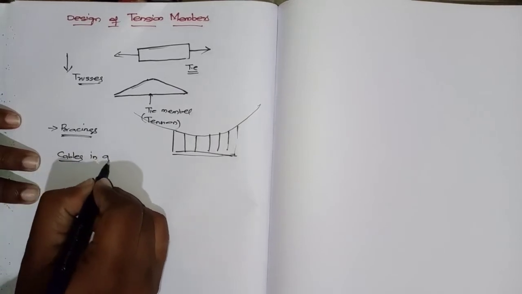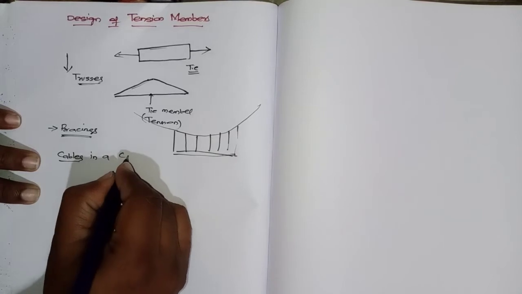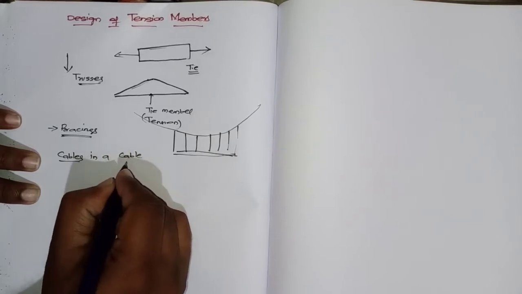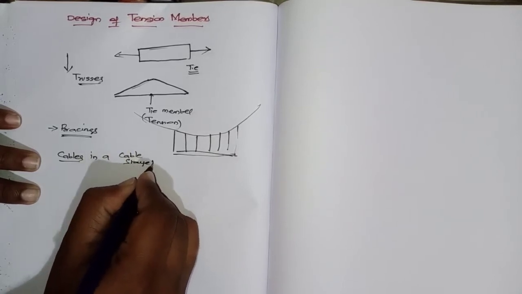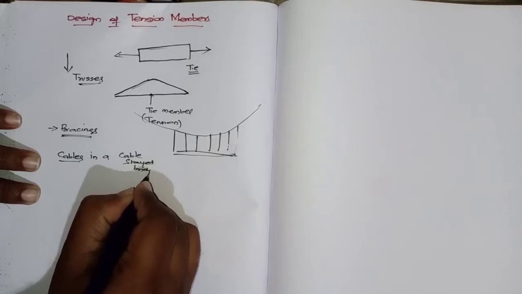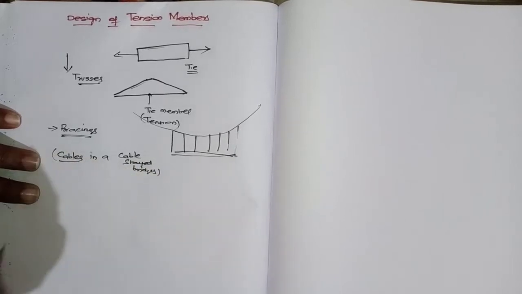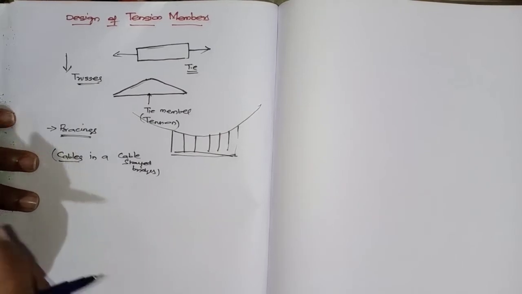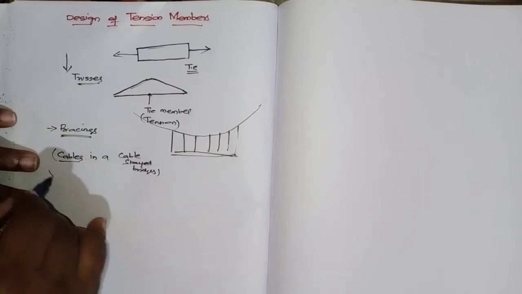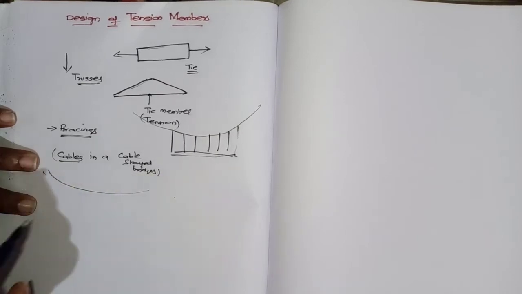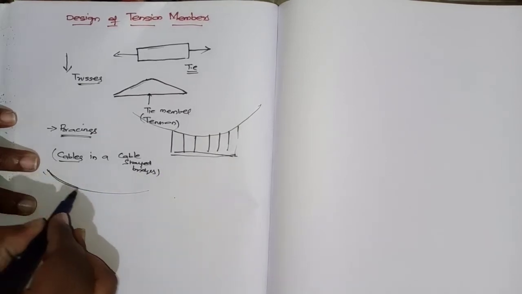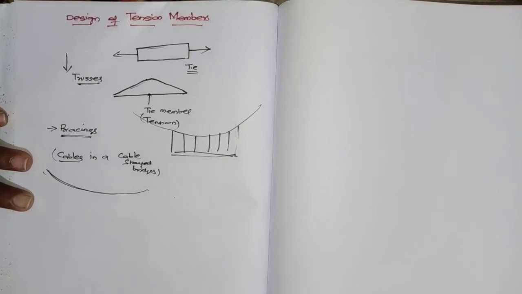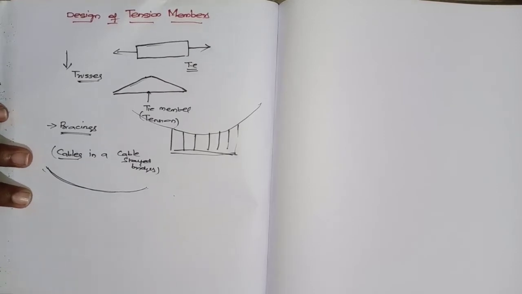Next, if you go to any cement factory or other big factories, to transport the material from one point to another point, they use rope like structures. In those situations we call them tension members.